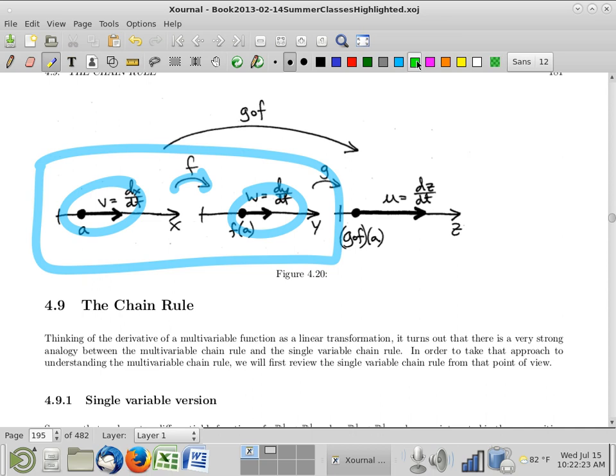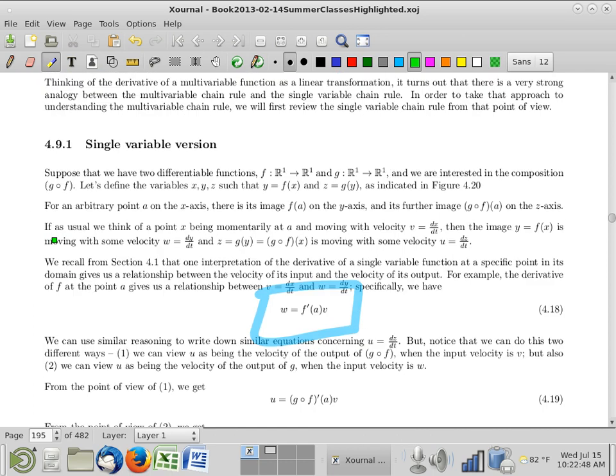At what? I mean, f prime is a function, so f prime evaluated where is what I multiply by v to get w. Well, f in this little scenario here is being evaluated at that point, a, and so it is at a that f prime is evaluated. So f prime of a specifically is what you multiply by v to get w. And you'll notice that here it's f prime of a. Okay?